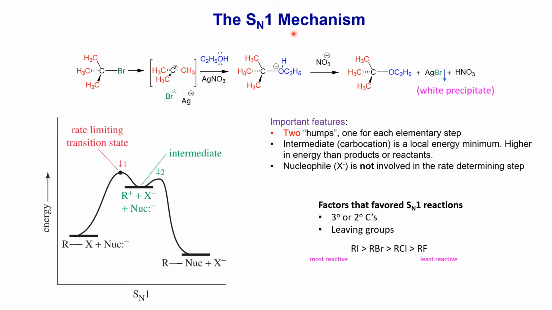So let's look at the SN1 mechanism. In this example, we have tert-butyl bromide, which is a tertiary alkyl halide, with silver nitrate and ethanol. If you look at this carbon center, it's tertiary because it's connected to three other carbons, and the leaving group is bromine. The reactivity is between the carbon center of the alkyl halide group and a nucleophile, the ethanol group here.